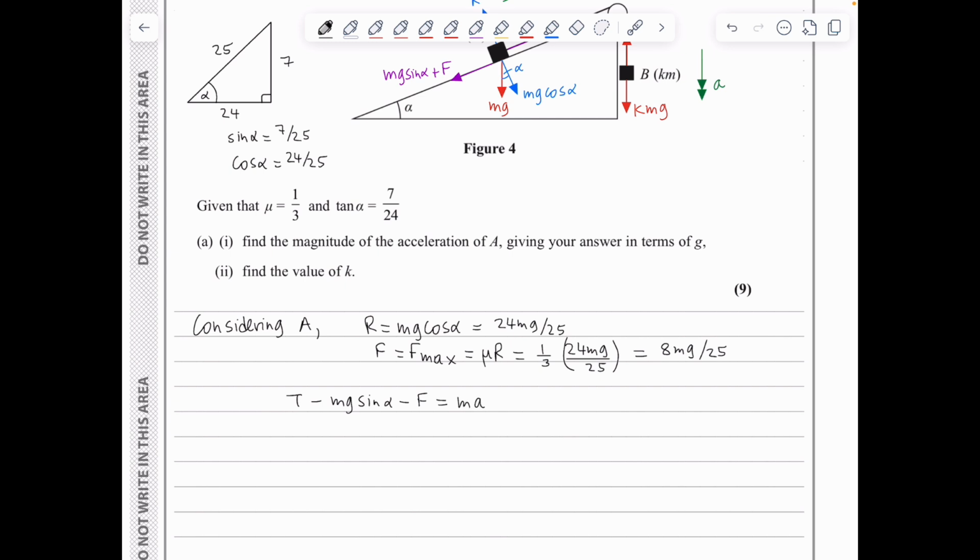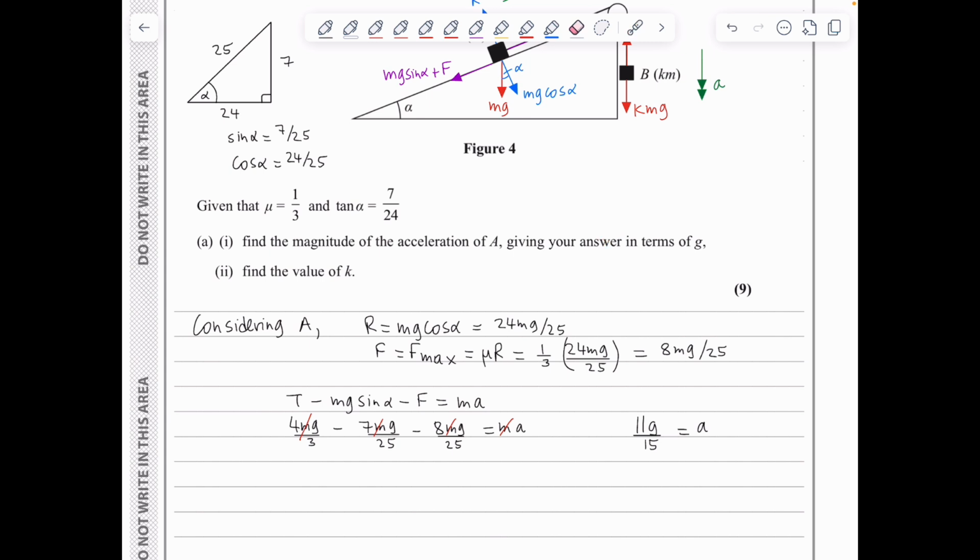The tension has been given to be 4 mg over 3, minus 7 mg over 25, minus the friction of 8 mg over 25, being equal to ma. We notice that there is a common factor of m which I cancel out, and if I collect all the terms on the left hand side, we get that the acceleration a is 11g over 15. Remember, we had to find the acceleration in terms of g. If I proceed in finding a numerical value, I will be penalized.